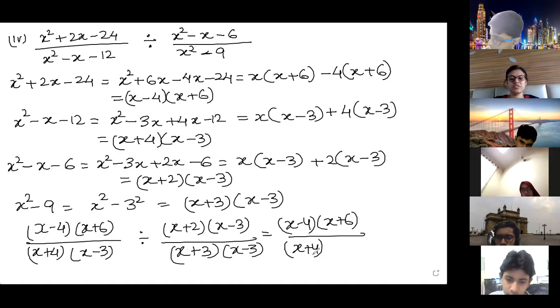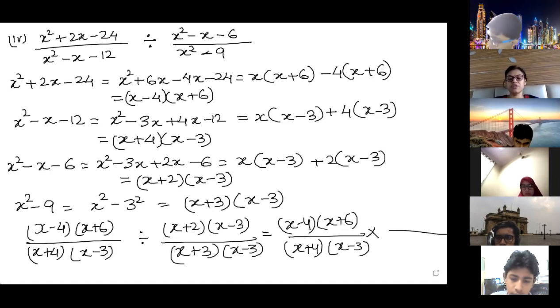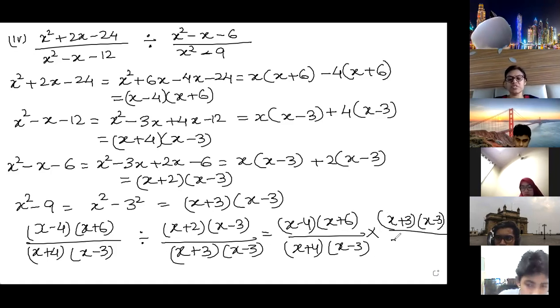You cannot cancel here. You need to put multiplication sign. So put multiplication sign, x plus 3 and do the reciprocal. After putting multiplication sign, you have to do the reciprocal of the divisor. That is the rule we use. Now what will we cancel?